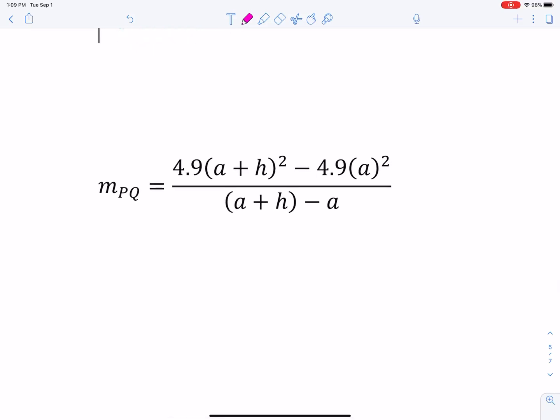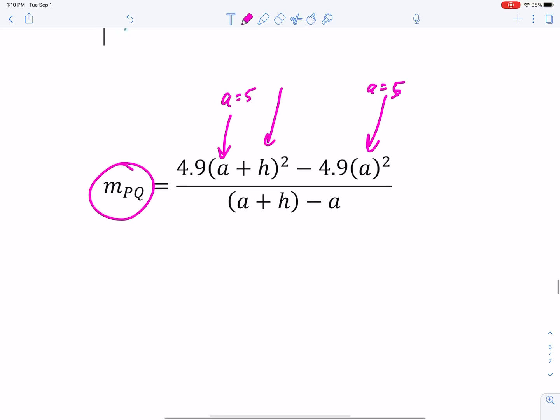So the slope between P and Q, in other words, in this case the instantaneous velocity between 5 seconds and something really close, can be expressed with this equation here. In the case we just did, time was 5, so a would be equal to 5 in the problem we just had. And then h, we'll see later.